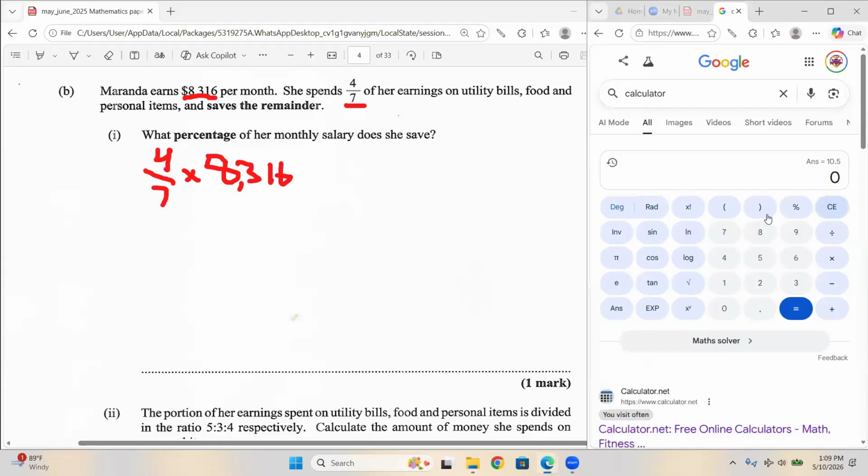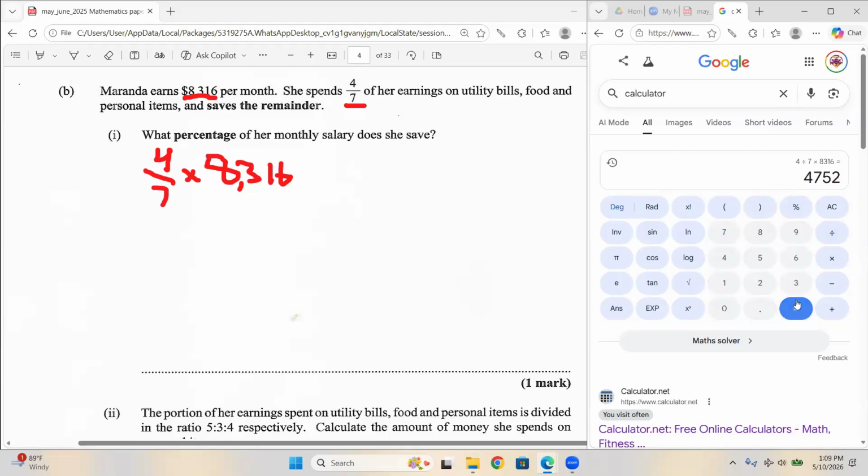If I take the calculator and say 4 divided by 7, multiply by 8, sorry, 8. Why is this happening? 8, really? 1, 6.